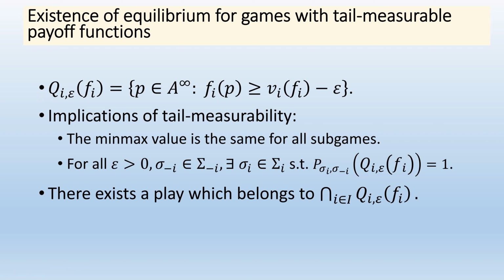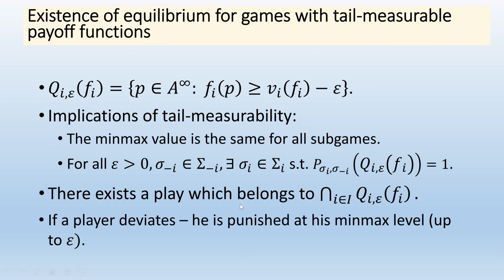And again, for the equilibrium, you pick one such play and we play it forever, or until a player deviates. And if a player deviates, he is punished forever with his min-max. And this is a 2 epsilon equilibrium. So this is just a generalization of the payoff function that is the characteristic function of a tail set.